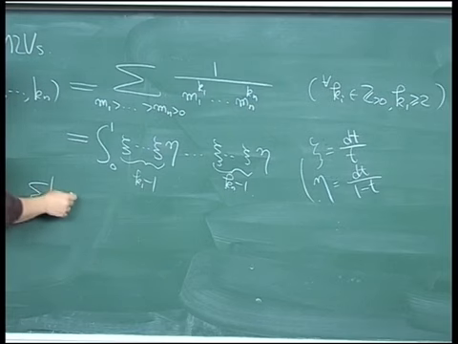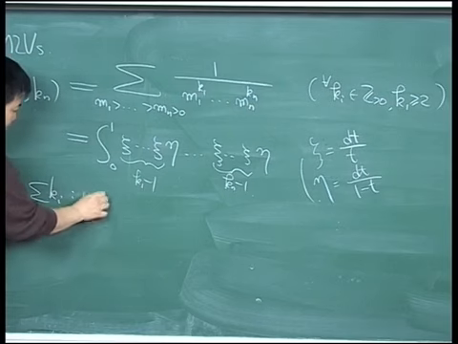The sum of all indices is called the weight of the multiple zeta value.